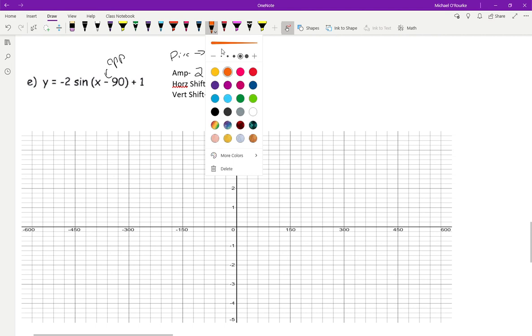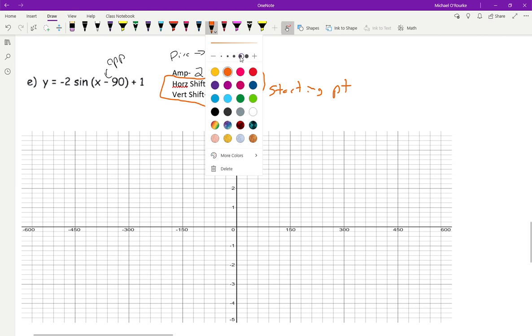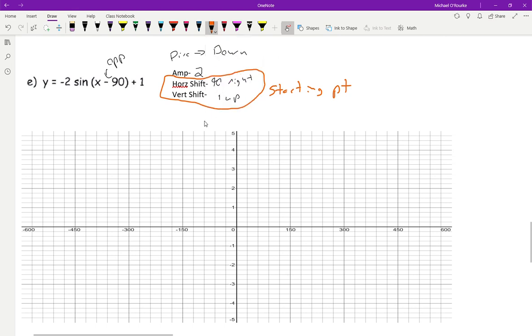Okay, so my starting dot is going to take into account my vertical and horizontal shifts. That's going to get my starting point. So I'm going to go, now whether you do it horizontal or vertical, it's up to yourself, but make sure you do both. I like to do horizontal then vertical, because that's how you graph things as well.